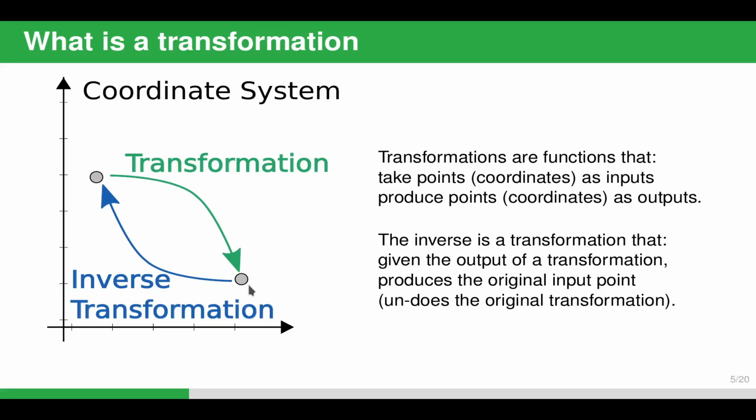Or, if you think about the transformation as moving points, it answers the question, where did this point come from? At least, where did it start before the transformation was applied to it? And we'll see inverses are an important part of image registration and image geometry.